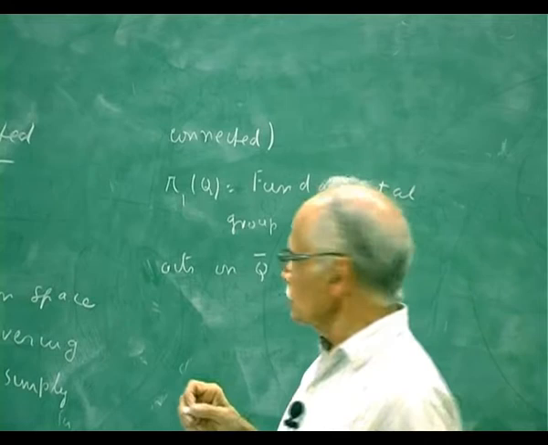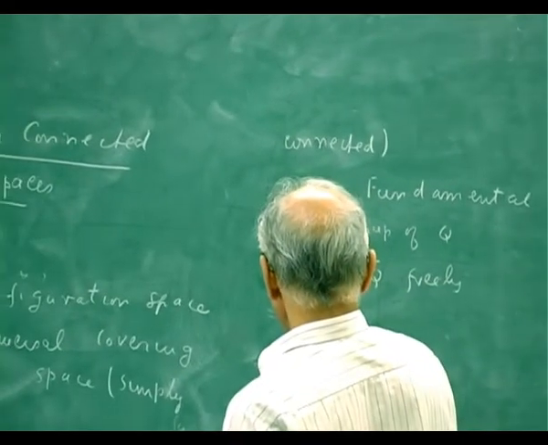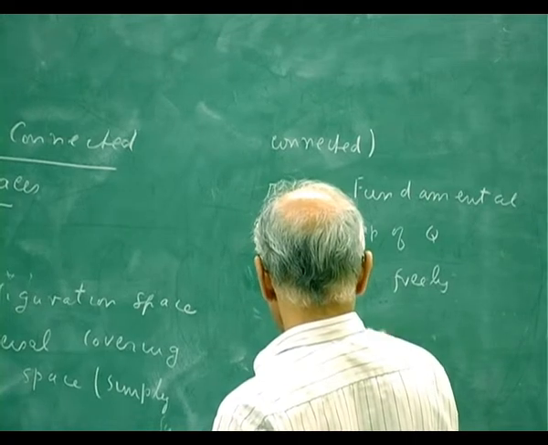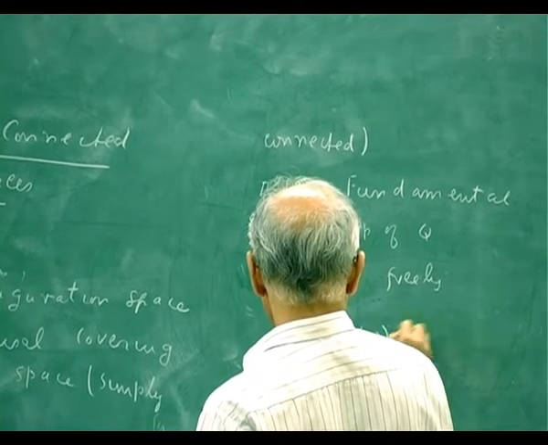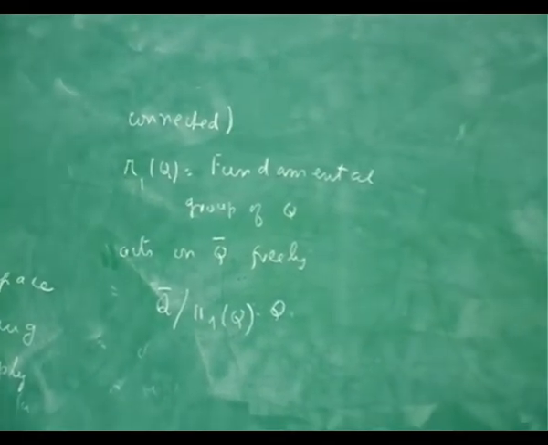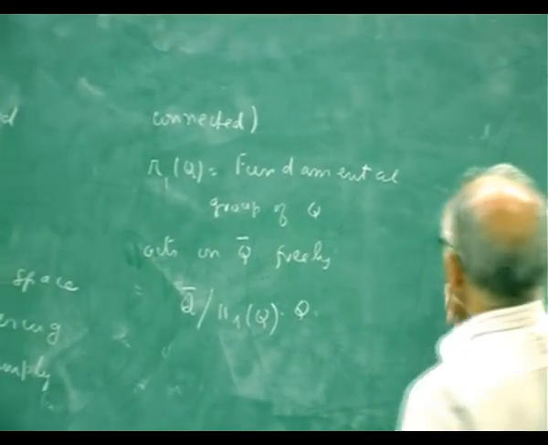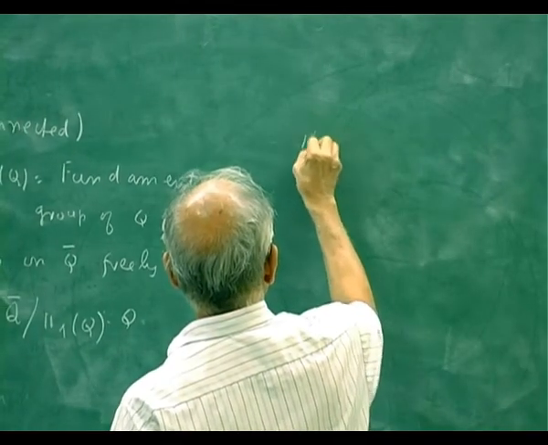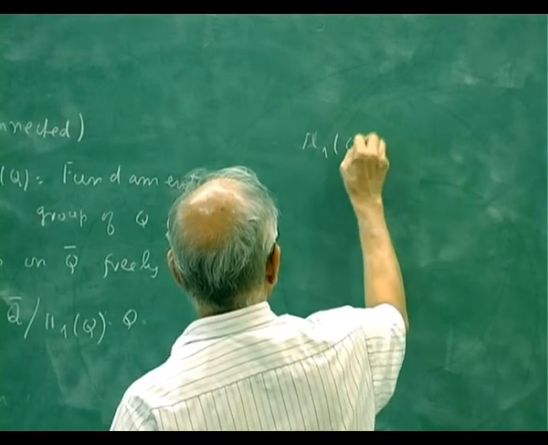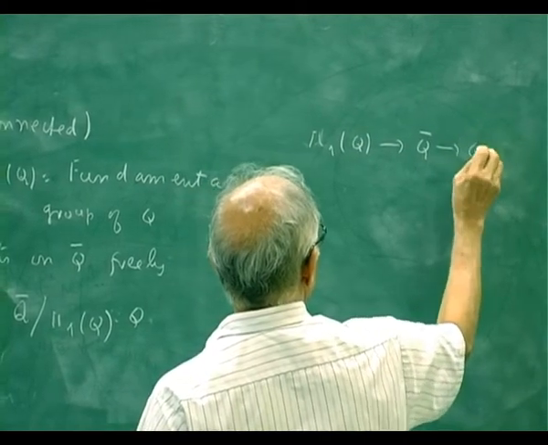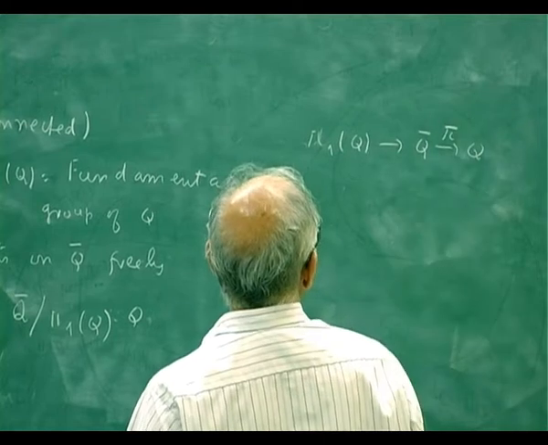Okay? So as I said, Q bar quotiented by π1 of Q is Q. So you identify points which are connected by π1 of Q, and you get this bundle. The group π1 of Q acts on Q bar, giving the projection map pi.